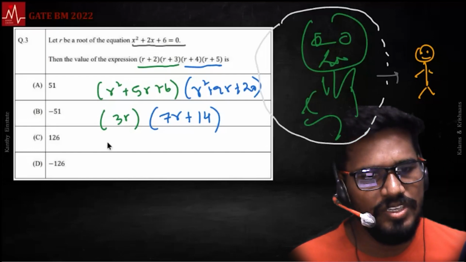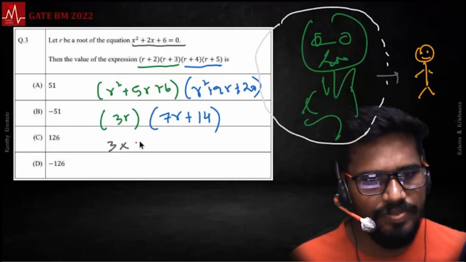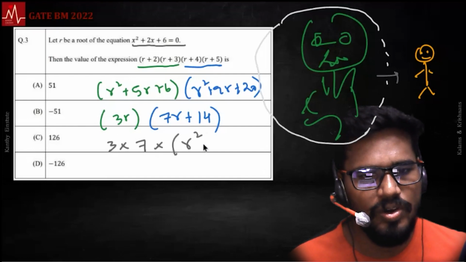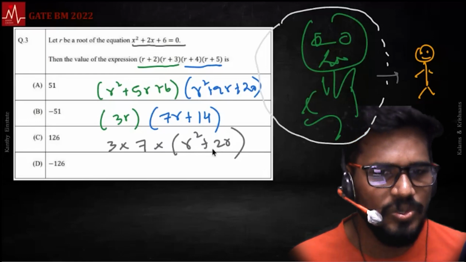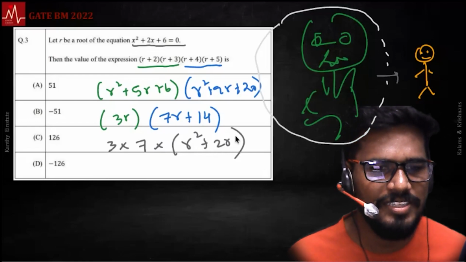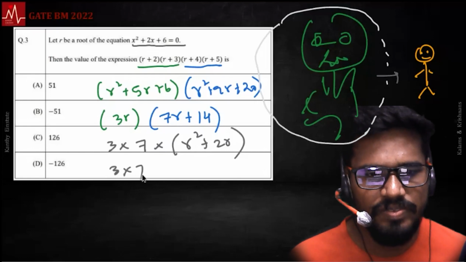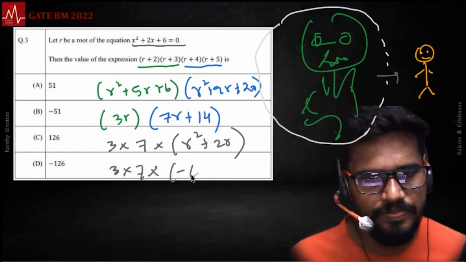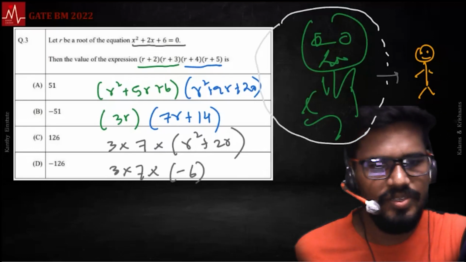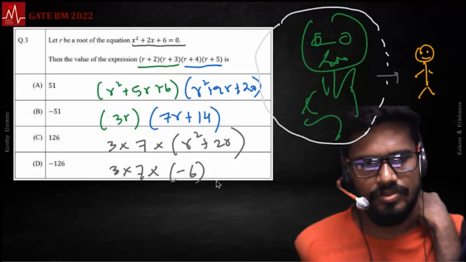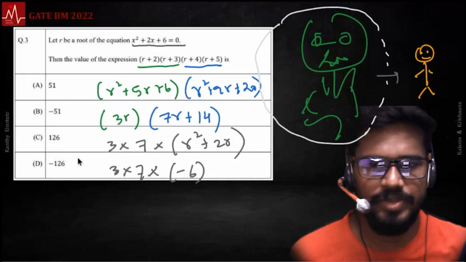So this 3 into 7, I am pulling that out to r square plus 2r. This is not disappearing. This is not 0. But if you add and subtract 6, you get the 0, right? So this is 3 into 7 into minus 6. How much is this? 3 into 7, 21. 21 into 6, 120, 126, minus 126.